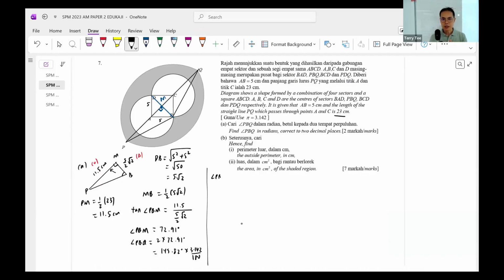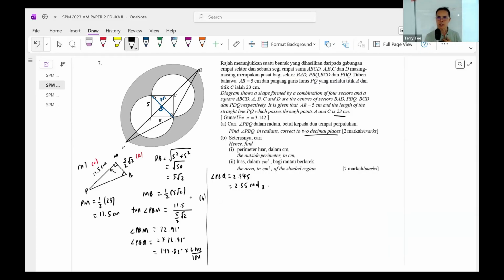This PBQ is 2.545. But the question says, give your answer correct to 2 decimal places. If it's 2 decimal places, it's 2.55. Okay, let me write here, 2.55 radians. Okay, I'll stop here, first part.